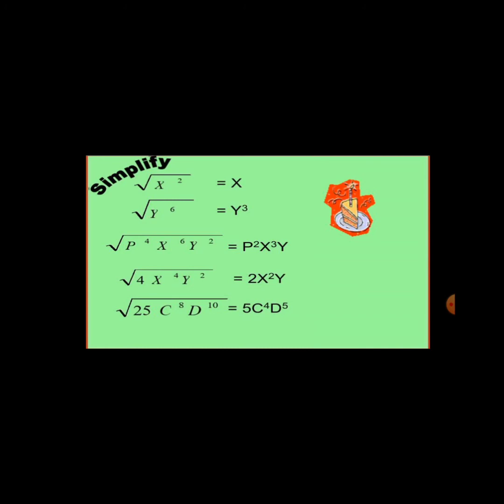So square root of 4x to the power of 4 y cubed is equal to 2x squared y. Then next is square root of 25c to the power of 8 d to the power of 10, which is equal to 5c to the power of 4 d to the power of 5.